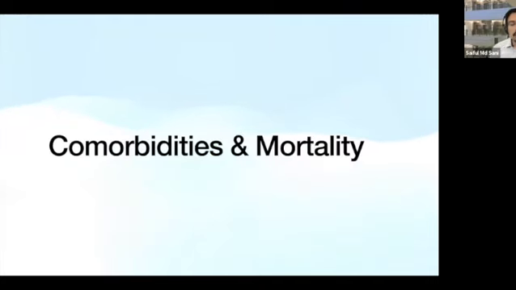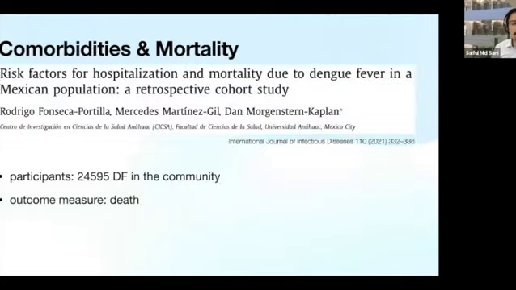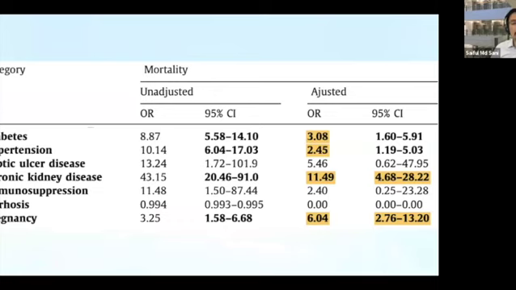What about mortality? So there are some papers that look at mortality. Again, the Mexican paper that I've mentioned also looked at mortality, death, as an outcome. They find, again, that diabetes, hypertension, chronic kidney disease, and pregnancy are important modifiers of outcome.